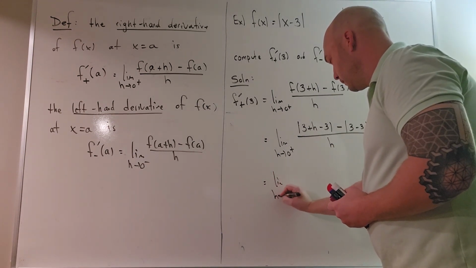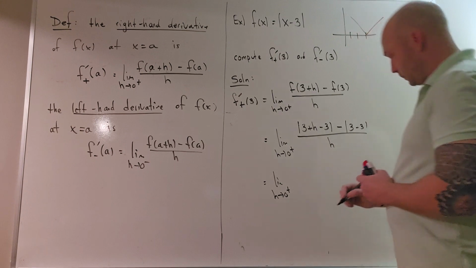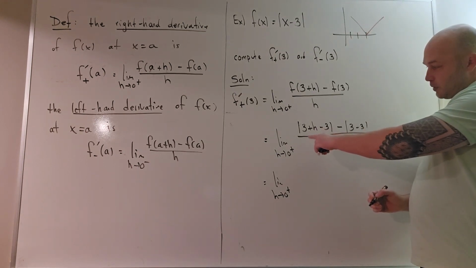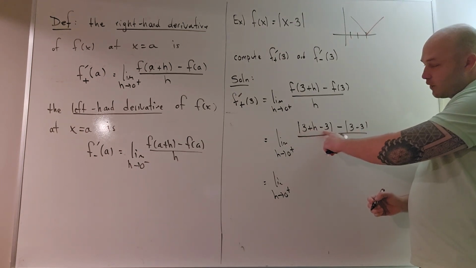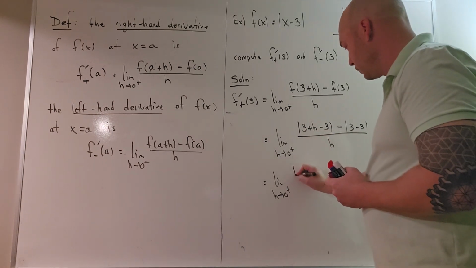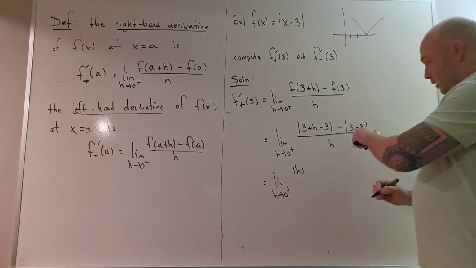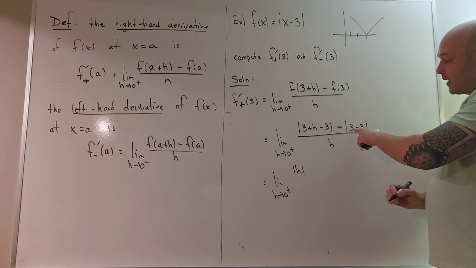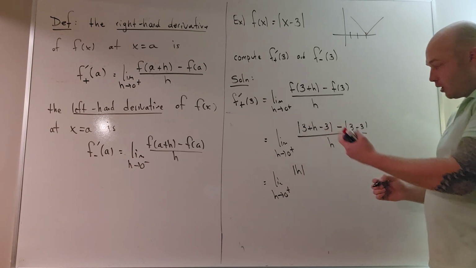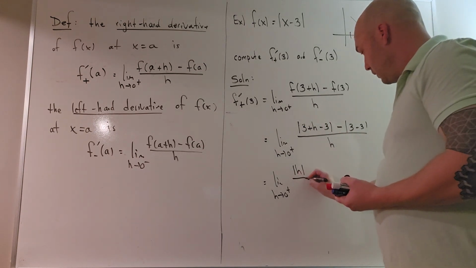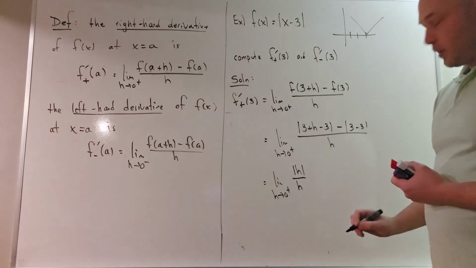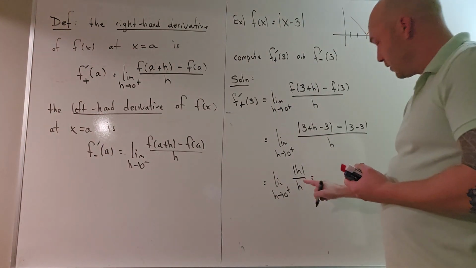Simplifying that, inside the first absolute value, 3 minus 3 cancels, giving me the absolute value of h. 3 minus 3 is 0. The absolute value of 0 is 0. And then the denominator is just h. Okay, so we boil it down to this expression right here.